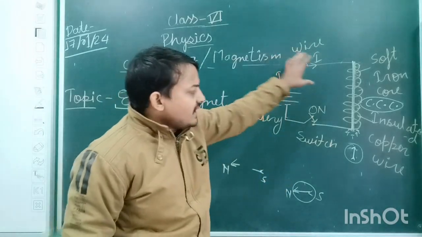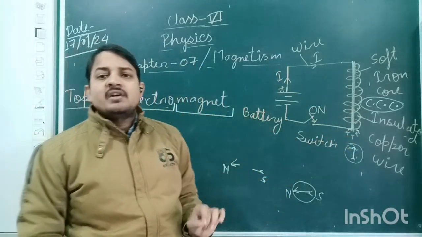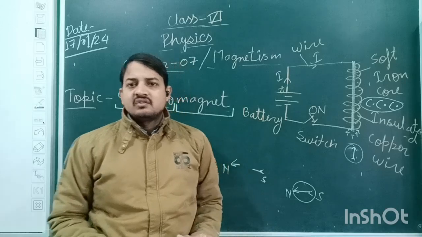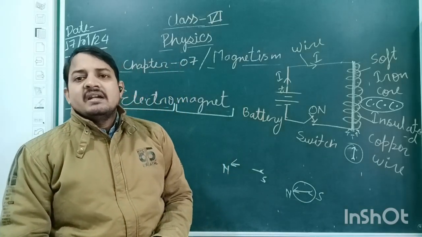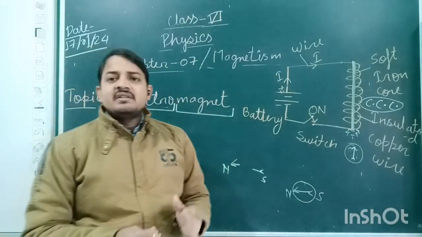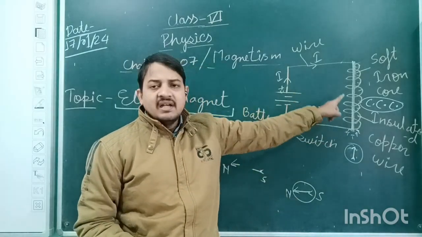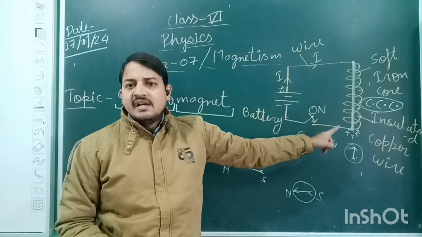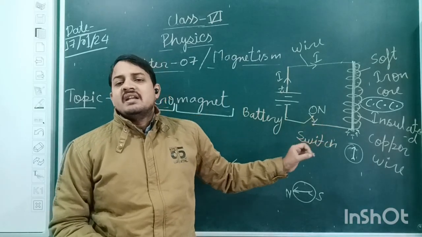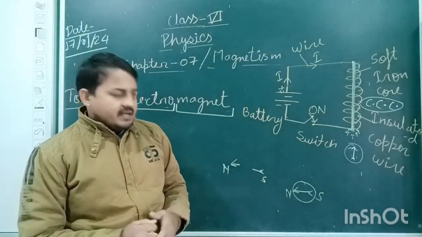So this is all about the electromagnet. One more time, just try to recall all the things. What is an electromagnet? An electromagnet is a substance which is a temporary magnet, and how is it made? If we pass electrical current in any conductor continuously, then that conductor acts as a current carrying conductor.